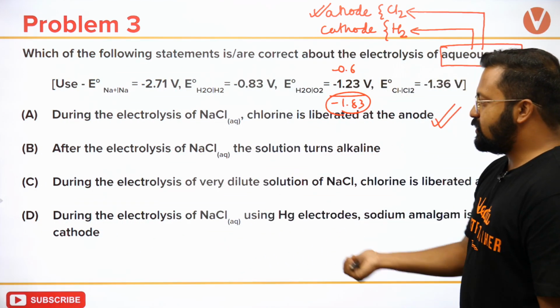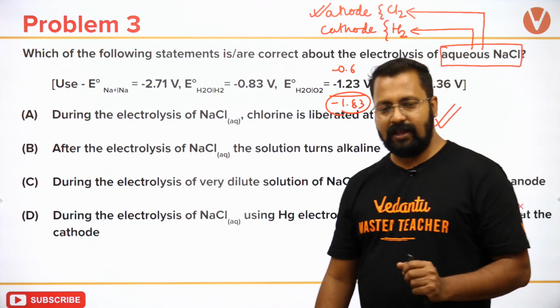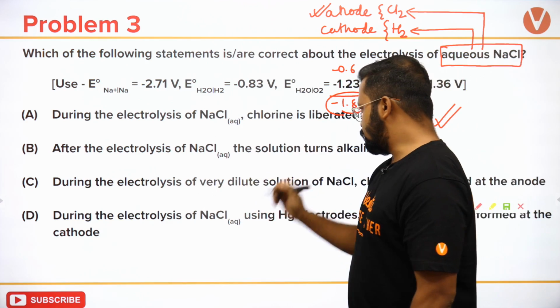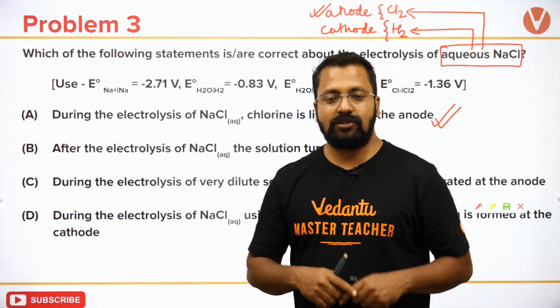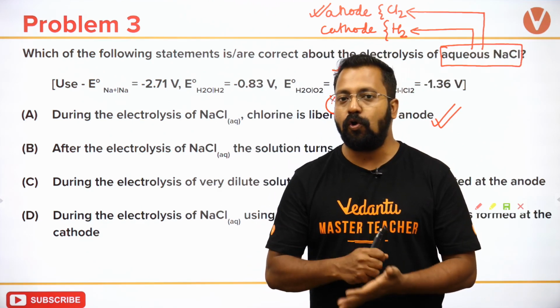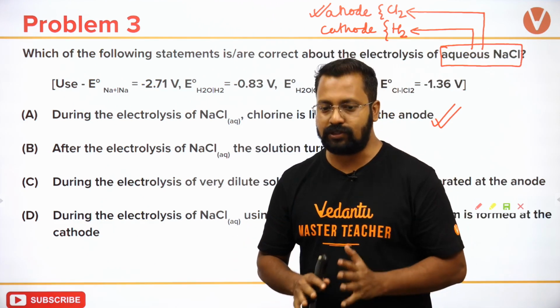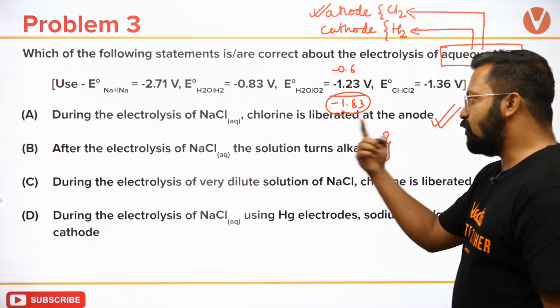After the electrolysis of NaCl, the solution turns alkaline. I had told you on that very day that electrolysis of NaCl is used in the chloralkali industry. So how do we know whether it turns alkaline or not?